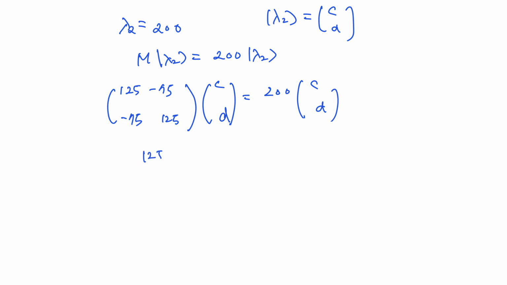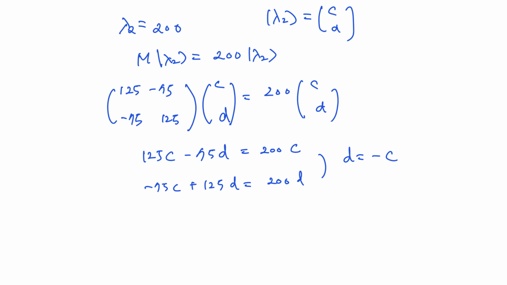So 125 C minus 75 D is 200 C, or minus 75 C plus 125 D is 200 D, which means D is equal to minus C. So even though we have different eigenvalues, we still get the same form for the eigenvector, right? So lambda 2, you can say, is 1 over square root of 2 times (1, minus 1), right?